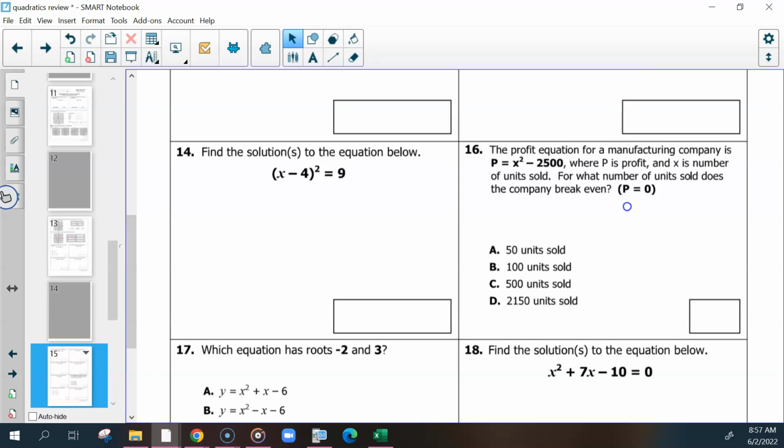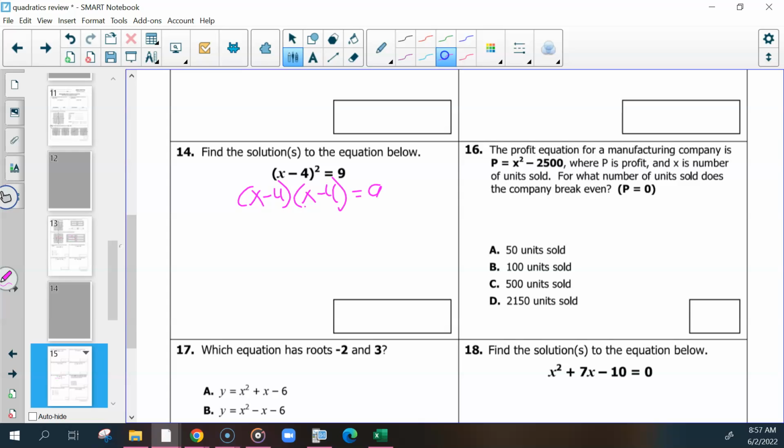This is very similar to the one we did before, so I'll set this up, but I won't completely solve it. Here, you need to rewrite this: x minus 4, x minus 4 equals 9. You need to distribute.